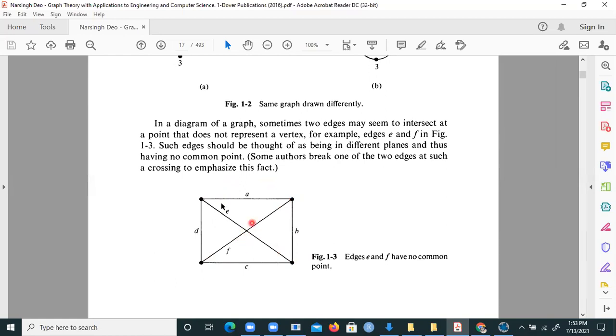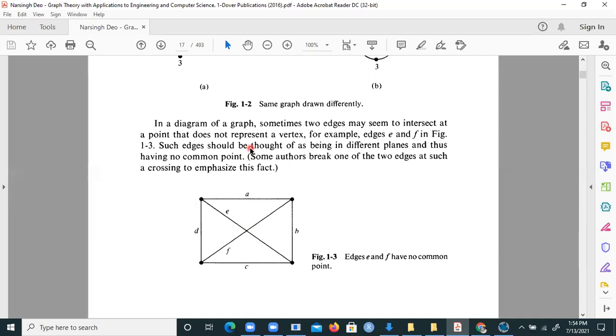What is important in this particular graph is that these 4 corner vertices have been made bold, because these corner points are actually the vertices of the graph. But it seems as if this line, the edge E, and this line, the edge F, are intersecting at a point which has not been named here. But this is not a vertex.